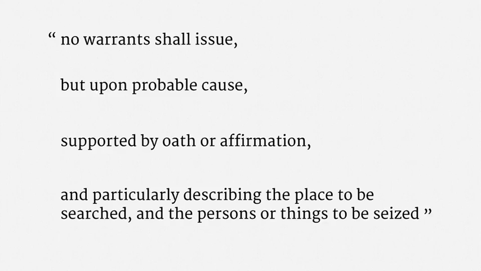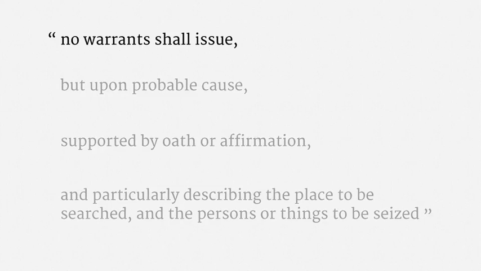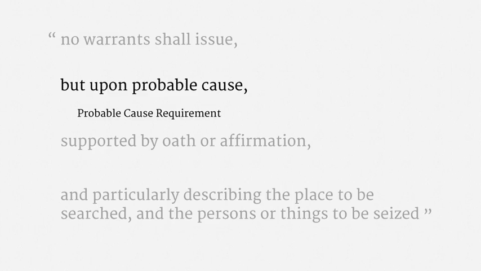Let's break that down. The first part just explains that this is the procedure that governs all warrants. Period. If something falls short of this procedure, it's not a warrant. The next part tells us the substantive standard required for a warrant. That's probable cause, which we'll return to soon.